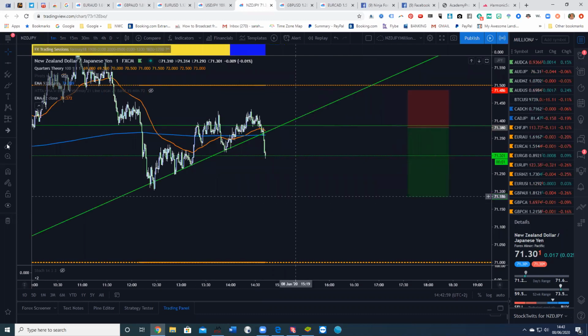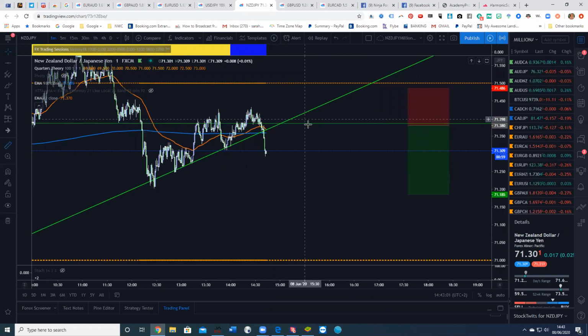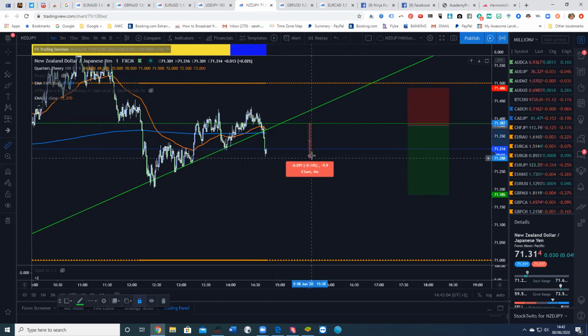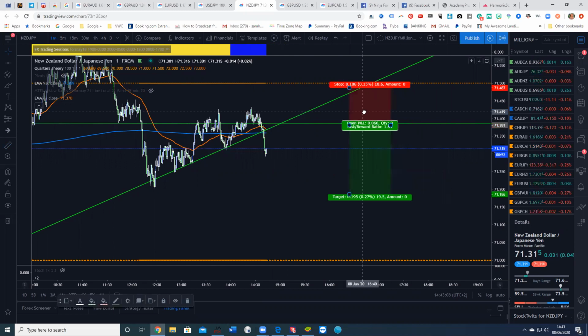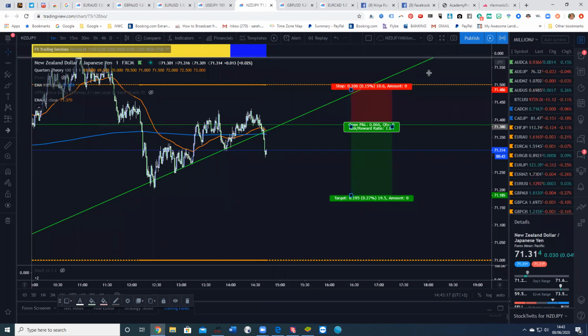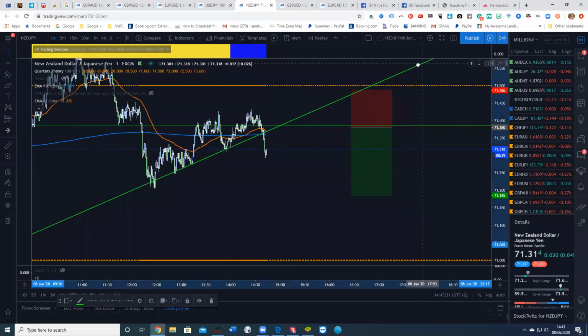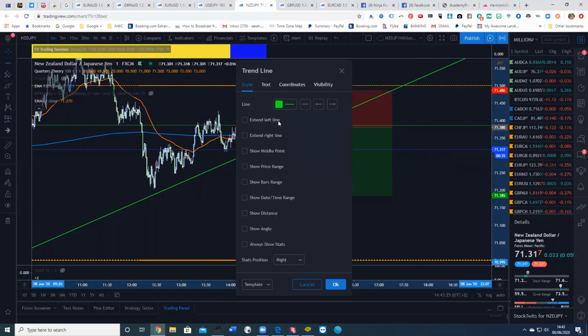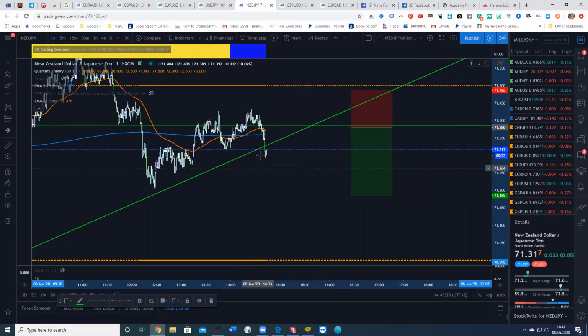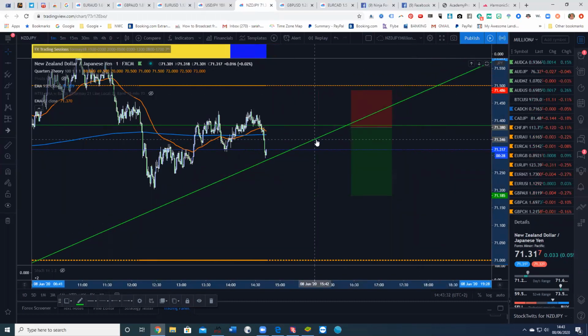How many pips has that dropped off the pitchfork? 9.2. So I reckon that might come back for you. And let me just get this on a bit better. Oh, let me draw a new one.